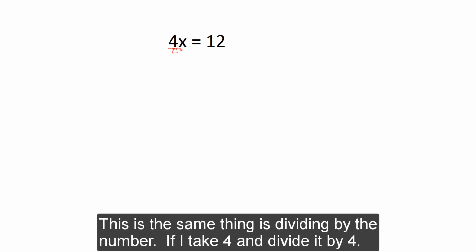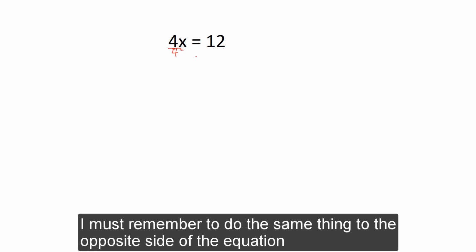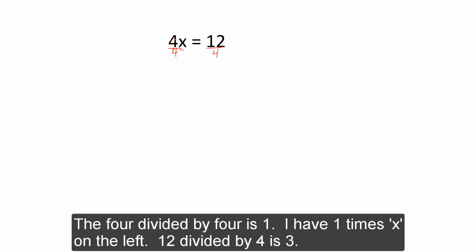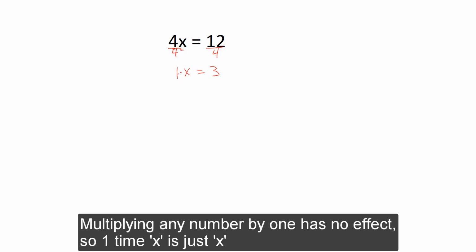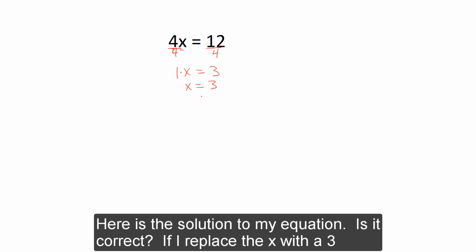If I divide 4 by 4, I must also do the same thing to the opposite side of the equation. 4 divided by 4 is 1. I'll write it this time, so I have 1 times x on the left, and 12 divided by 4 is 3. As we just saw, multiplying any number by 1 has no effect, so 1 times x is just x. There is the solution to my equation.